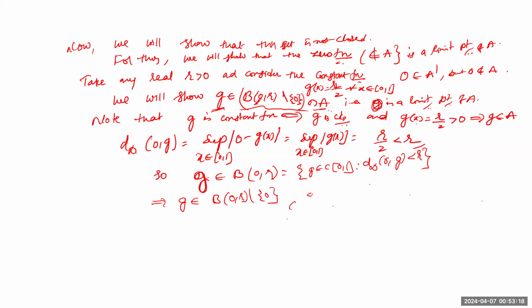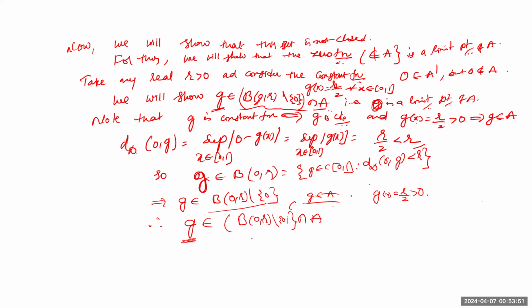And g belongs to A because g of x is r by 2, and r by 2 is greater than 0. So therefore, g is a member of B of 0 comma r minus 0, intersection A, right?